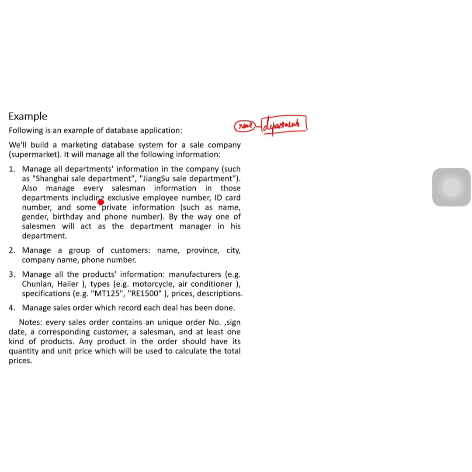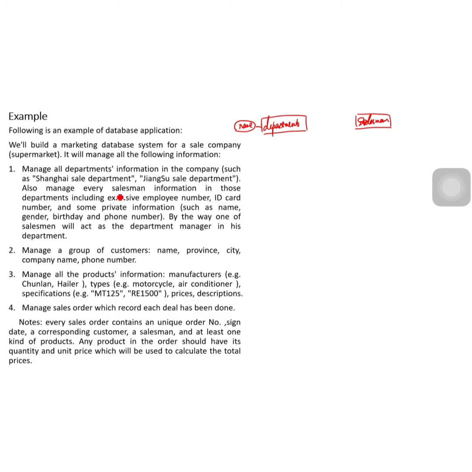We also manage salesman information, so salesman is also an entity set.